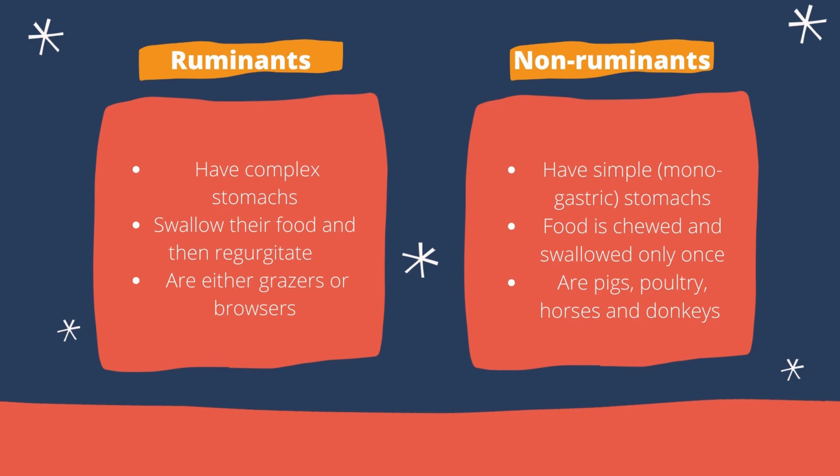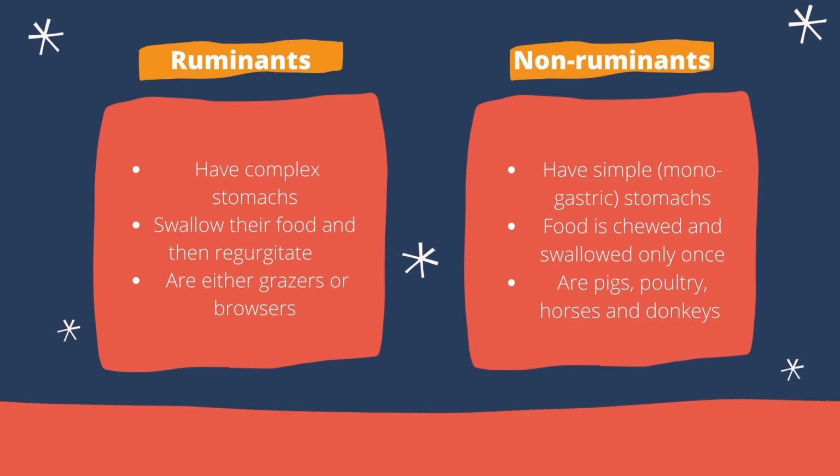Ruminants are also able to utilize indigestible food such as roughages and low quality fodder, and they are either grazers. Now what do we mean by grazers? These are cattle and sheep.